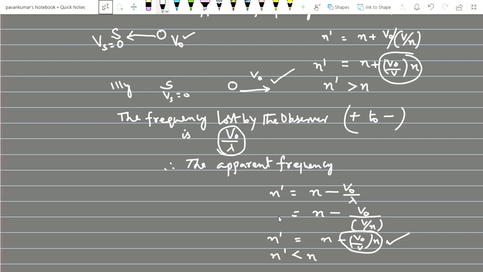So here the apparent frequency is less than the actual frequency. In the first case, the apparent frequency is greater than the actual frequency. This is the procedure to deduce the apparent frequency when the observer is moving towards the source or moving away from the source.